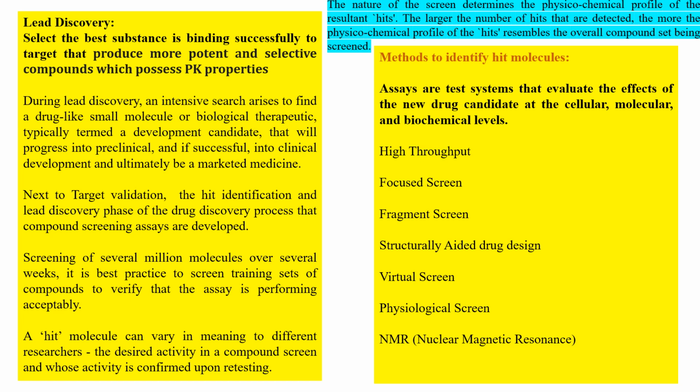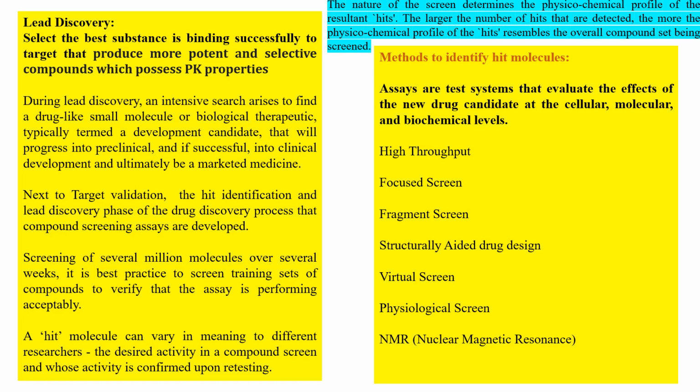Based on that we identify the lead compounds. Whatever compound is identified as a lead will enter the preclinical stage, where it may undergo various animal studies, and it may enter the clinical stage and be considered a potential candidate drug, and that drug may be marketed. Okay, so that is lead discovery.